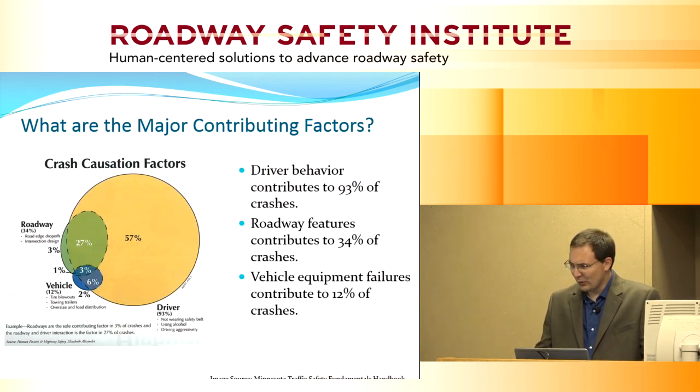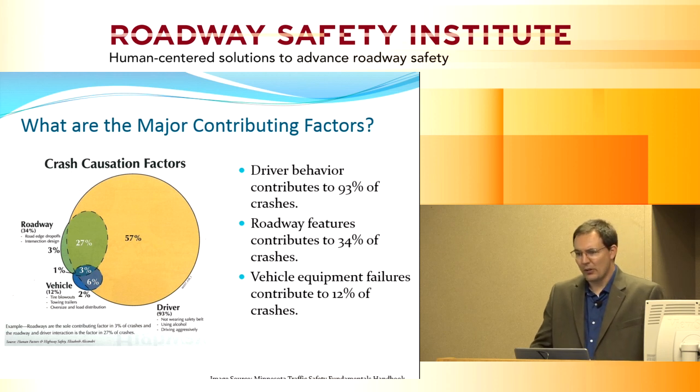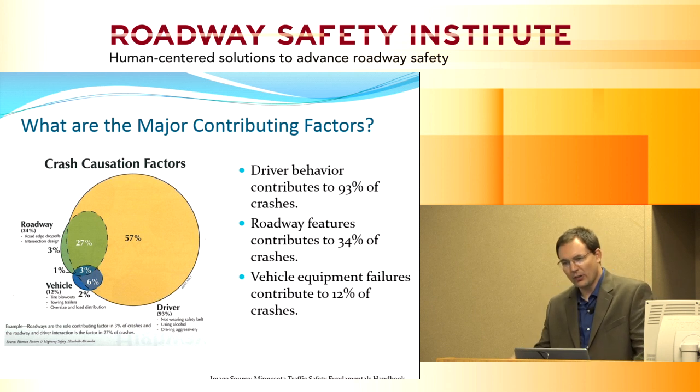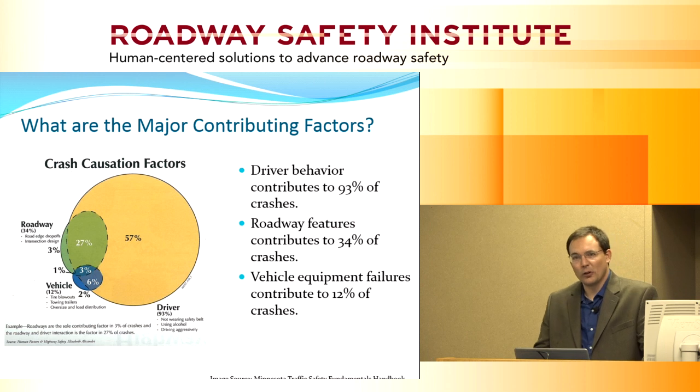Contributing factors: the question has to be asked of why, what is happening in these crashes? What is pushing these crashes to actually happen? And I would say that this chart does not say that, well, because 90% of the contributing factors are driver related, it doesn't really matter what we do on the roads because it's all driver related. We only need to focus on 30% on the roadway.